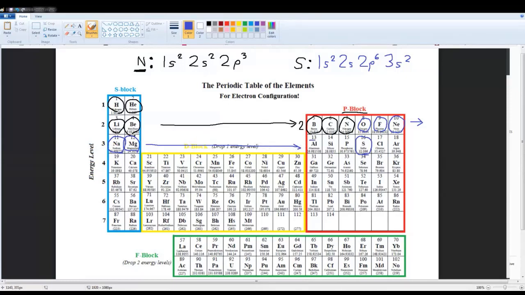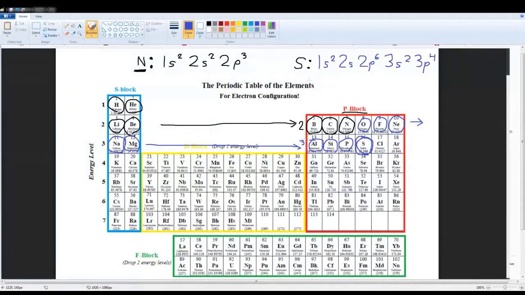So here's aluminum. This is still the third energy level, and this is the p block. So I fill up 1, 2, 3, and then the fourth one, which is sulfur. So that gives me 3p4. Oh, I got it. Does that make sense? Yes, sir.